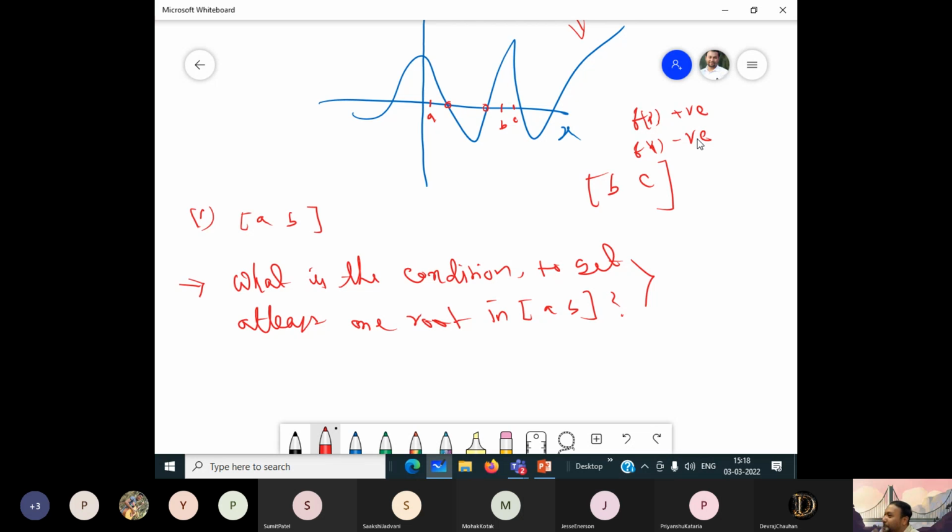Now, the case is that if in the interval A and B, the values of the function are opposite to each other, then I am very confirmed there is at least one root. So this condition has to be the right answer.